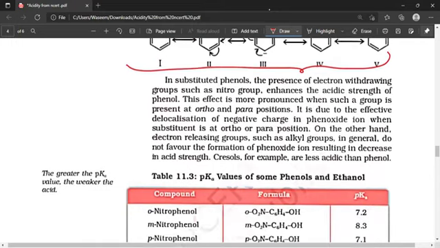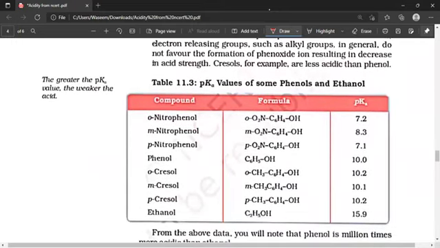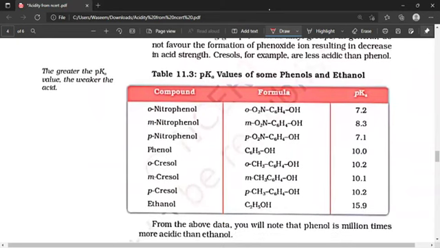Now let us talk about this very important table of pKa values. As I told you, acidity is directly proportional to Ka, and the greater the pKa value, the weaker is the acid, inversely proportional.